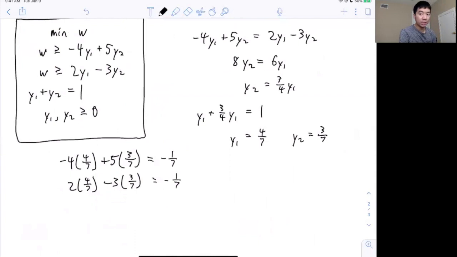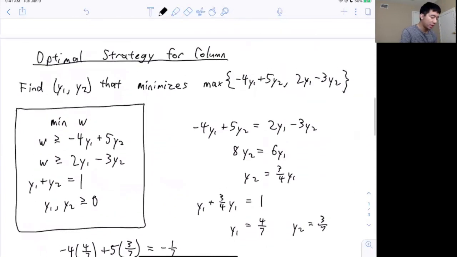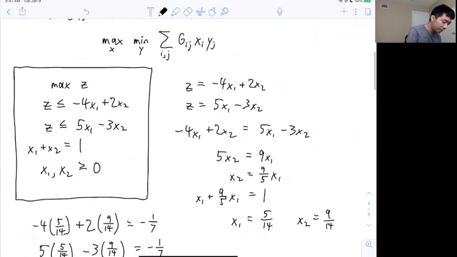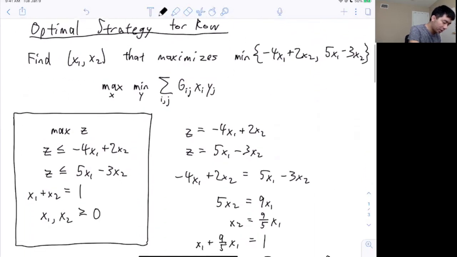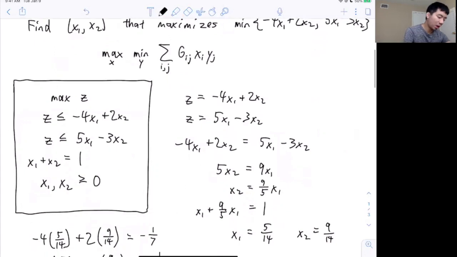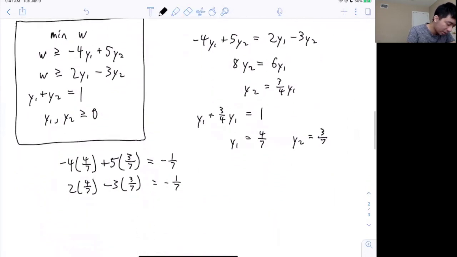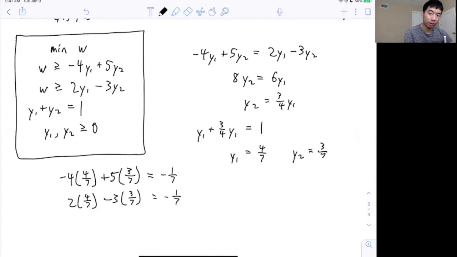In fact, this is to be expected because this linear program here is actually the dual of this linear program here. You can check that they satisfy duality, which means that the optimal solution in this linear program is equal to the optimal solution in this linear program. So the answers you get are going to be the same.